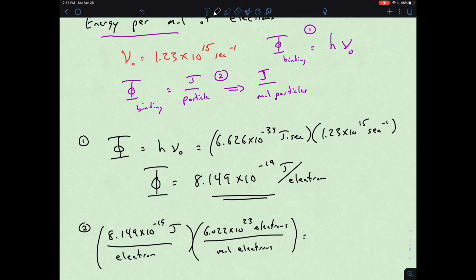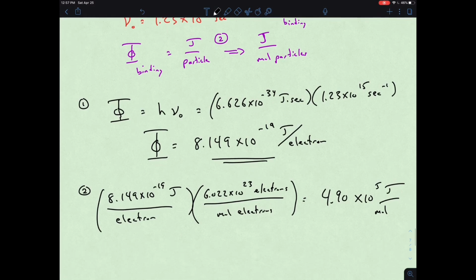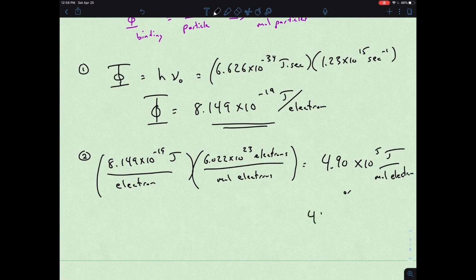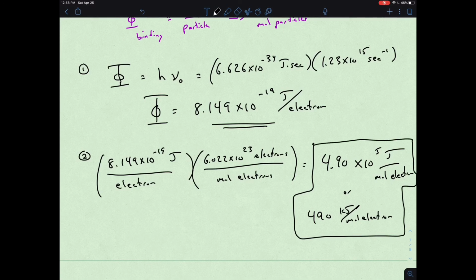And so if we do that calculation, we end up with 4.90 times 10 to the 5th joules per mole, or 490 kilojoules per mole of electrons. And so that is our answer as far as the conversion between binding energy and threshold frequency.